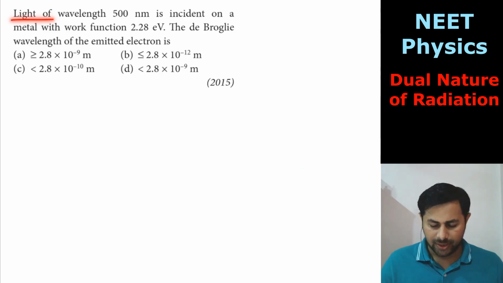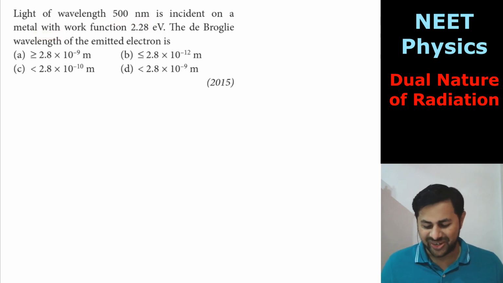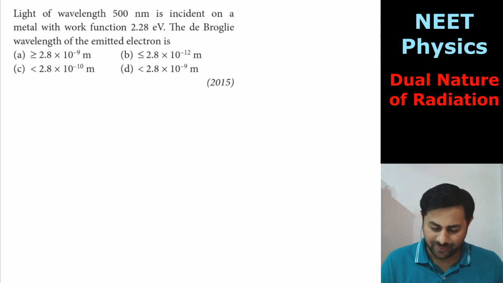everyone? Light of wavelength 500 nanometer is incident on a metal with work function of 2.28 electron volts. The de Broglie wavelength of emitted electron is... So you will find out kinetic energy, right?